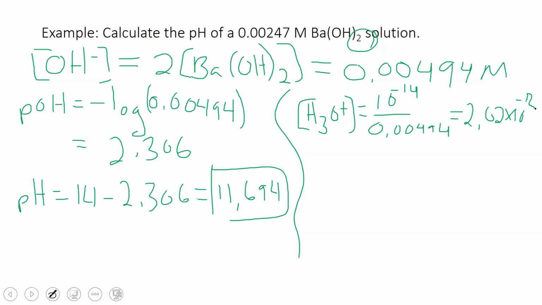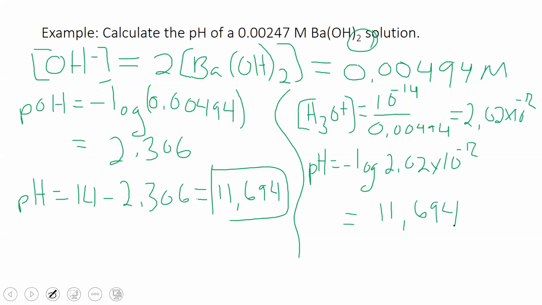Right, and so you take pH equals negative log of 2.02 times 10 to the minus 12. And so you wind up with a pH of 11.694. So you can do it either way. It just sort of depends upon what you're more comfortable with, and that should be fine.